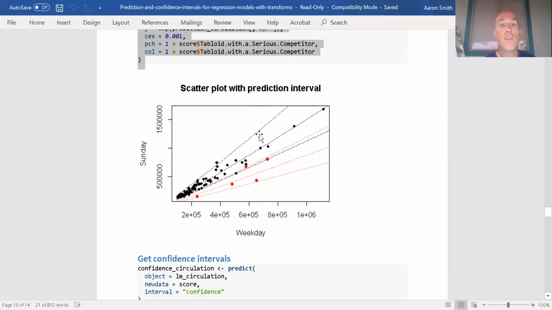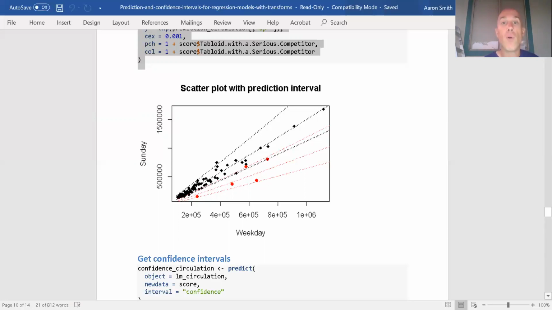Now that's assuming it's not a tabloid. If it is a tabloid, it would be within the red. Remember, prediction intervals are like the range of observed values. Confidence intervals is like the interval that I expect the expected value to be in, the average to be within.